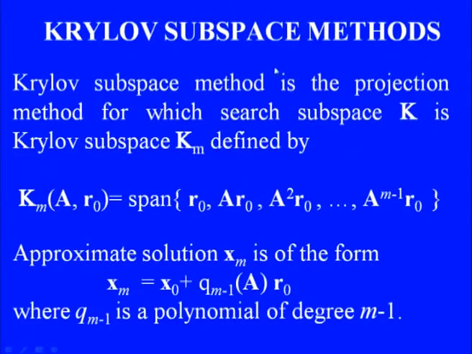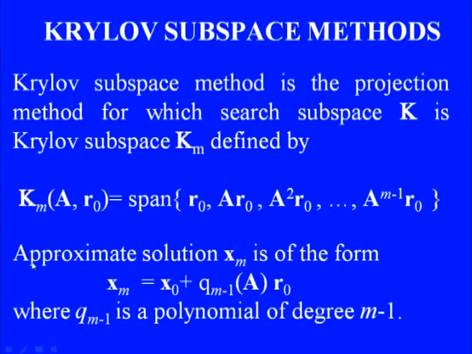Now, Krylov subspace methods are a specific type of projection method wherein the subspace K, that is our search subspace, is the Krylov subspace K subscript m defined by K_m(A, r0). Here r0 is the residual vector, and the subspace is the span of the vectors r0, Ar0, A squared r0, and so on up to A to the power m minus 1 r0, where A is our system matrix.